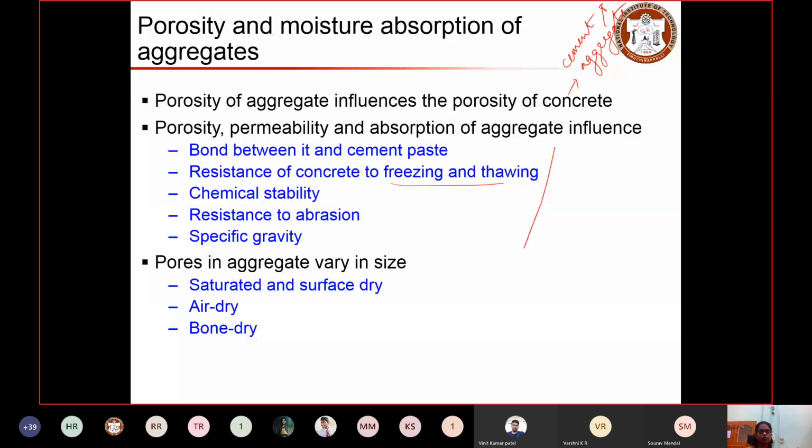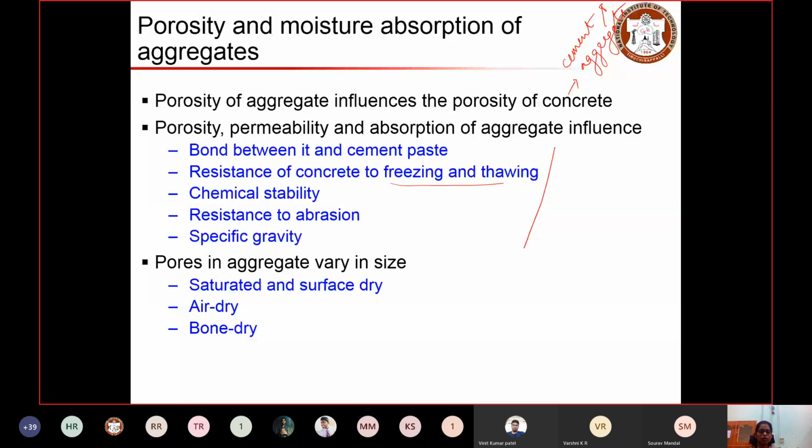Okay. So first we will go with the conditions here. The saturated surface dry condition basically indicates that all the pores present in the aggregate are filled by water. So the aggregate is fully saturated.